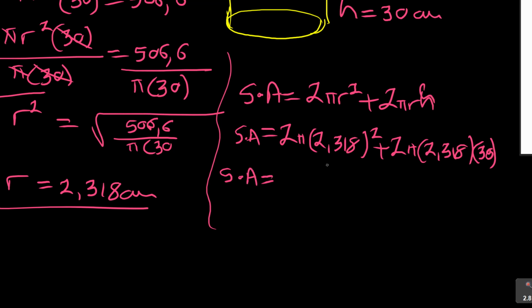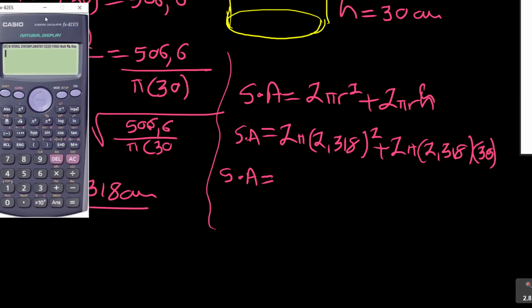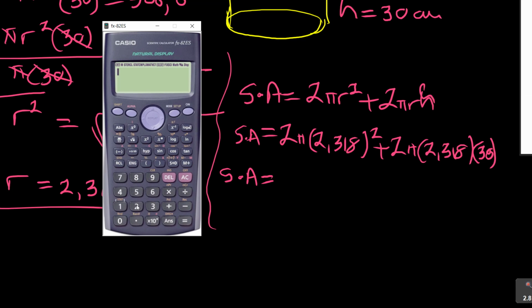Surface area, and with the surface area there, what are we going to have? We're going to have 2 pi, bracket, 2.318 squared, all right, plus 2 pi and 2.318, and then times what?